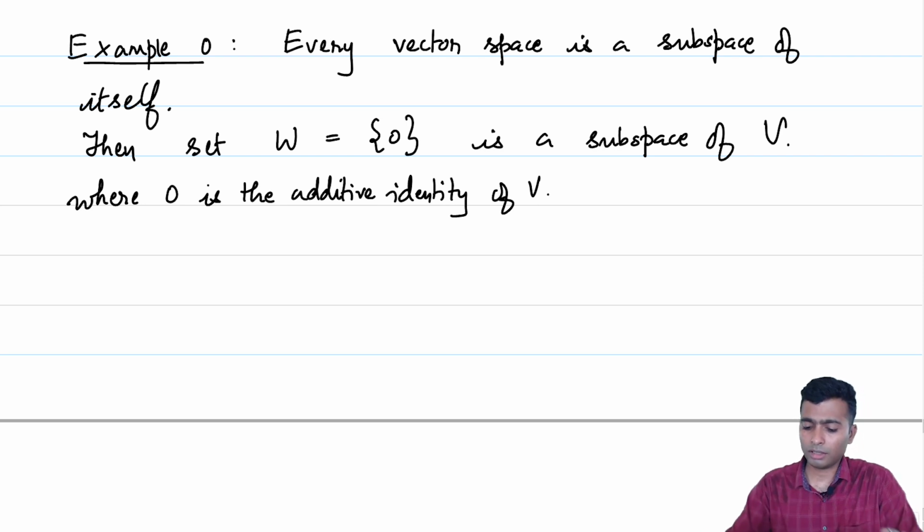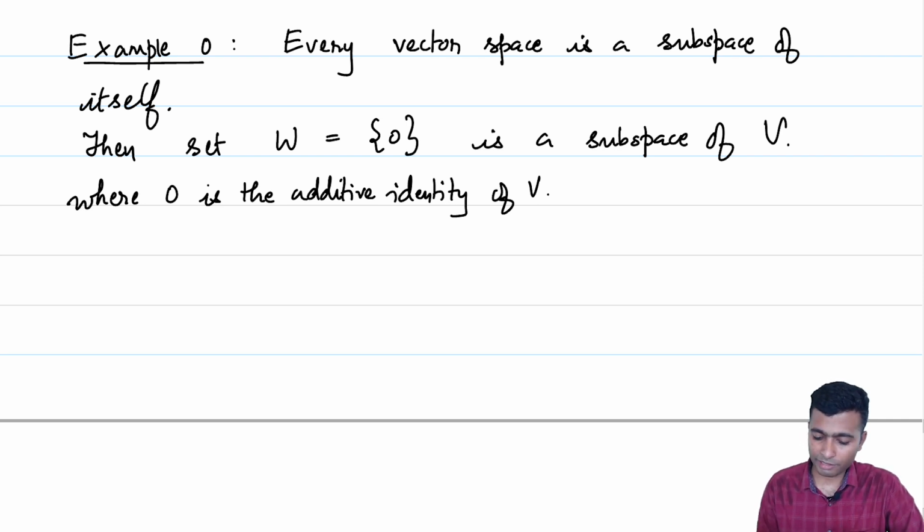So, these are the first examples of subspaces I would have liked to give, but that is okay. Any subspace of a vector space which is not the 0 vector space or the entire vector space is called a proper subspace.